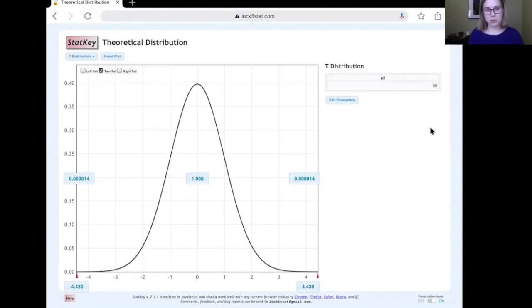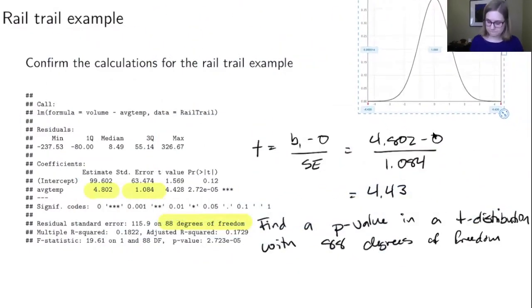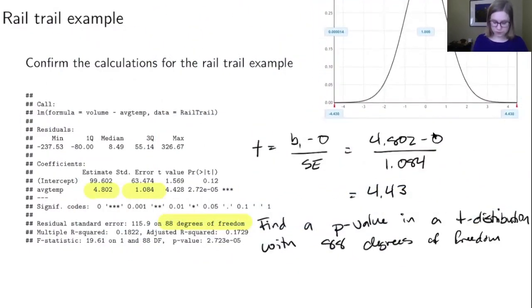And so I'm going to multiply that number by 2 to get my p-value. So my p-value is 0.000028. And then the question is, are we going to reject or fail to reject our null hypothesis?